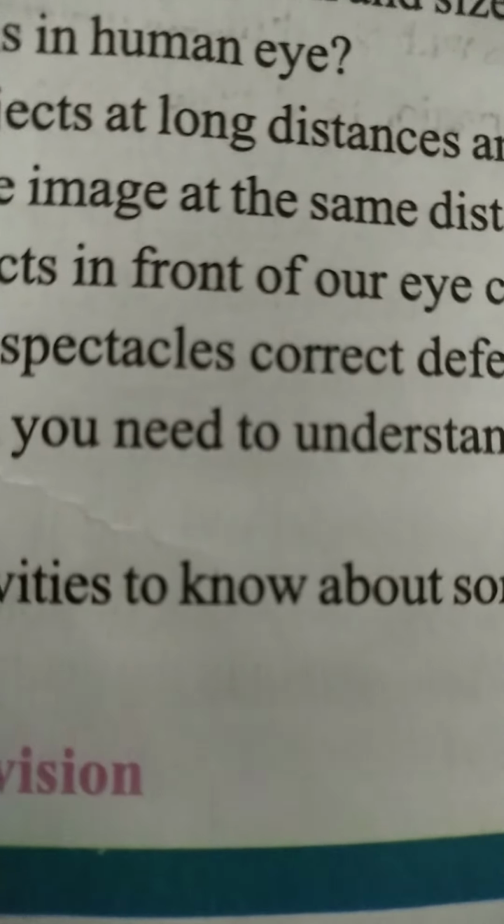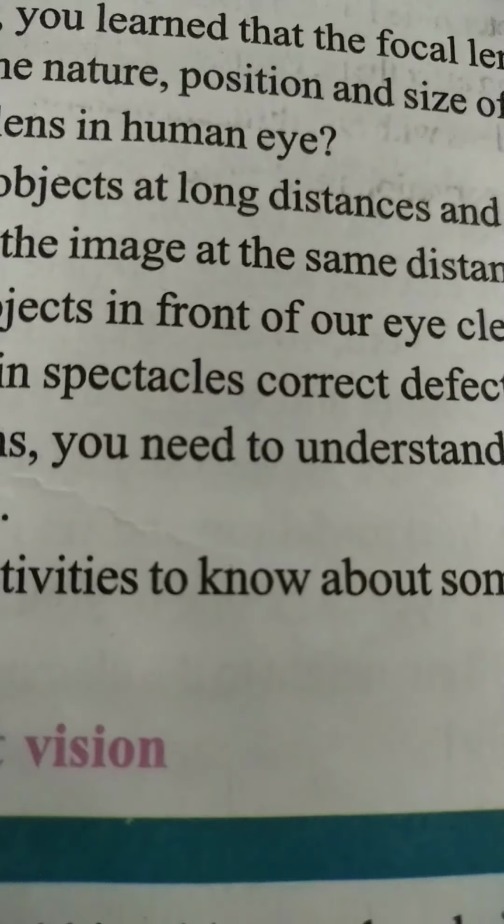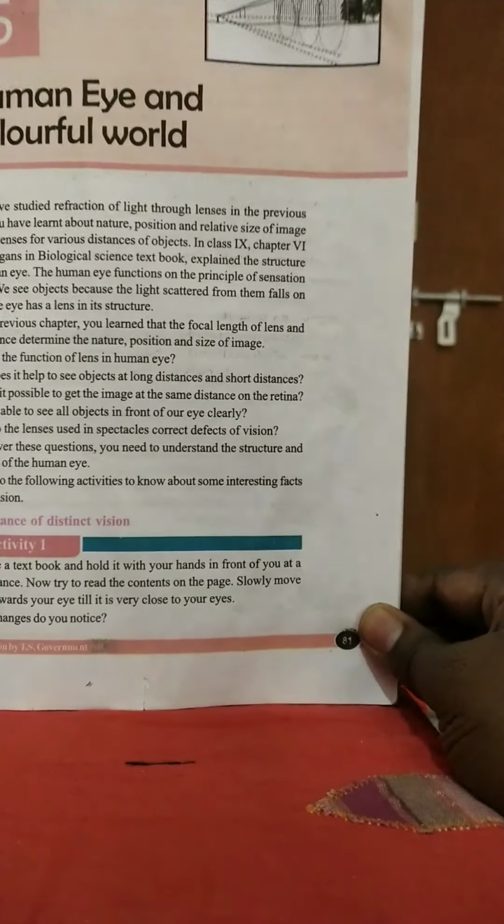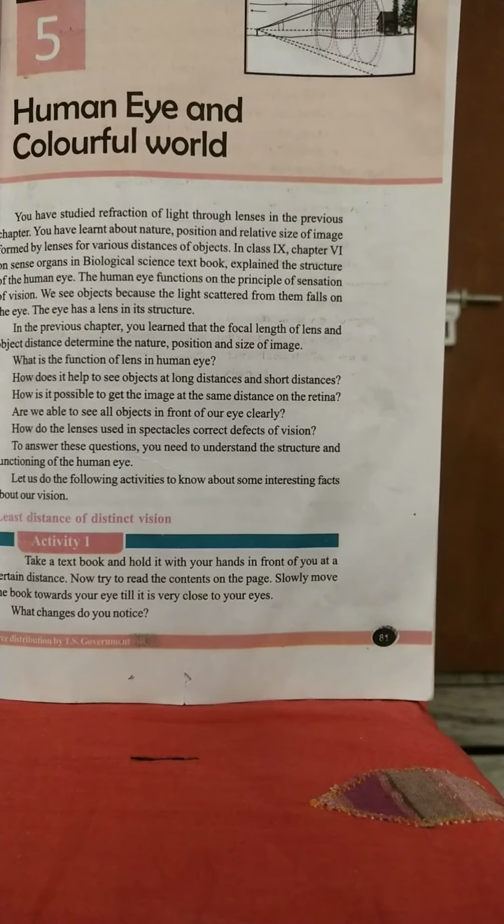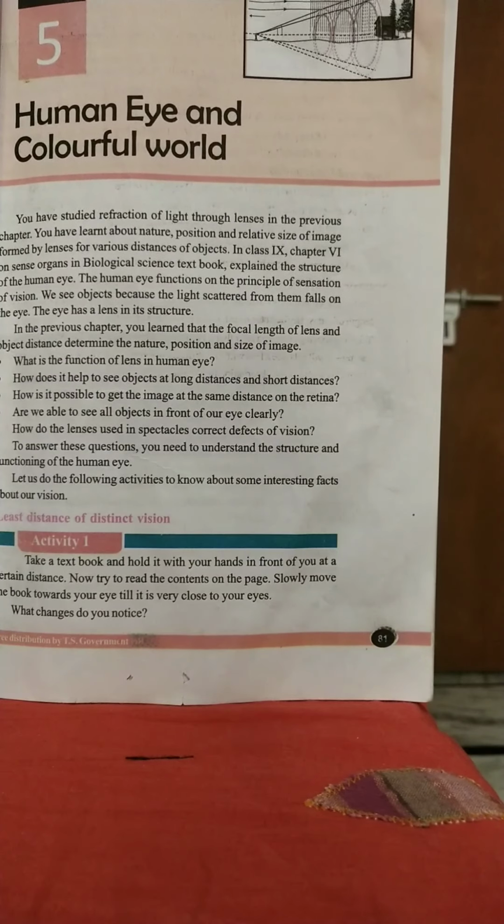So at one particular distance only, our eye is able to get the image very clearly. So children, got this point? That particular position is what we call the least distance of distinct vision. For myself it is 25 centimeters.